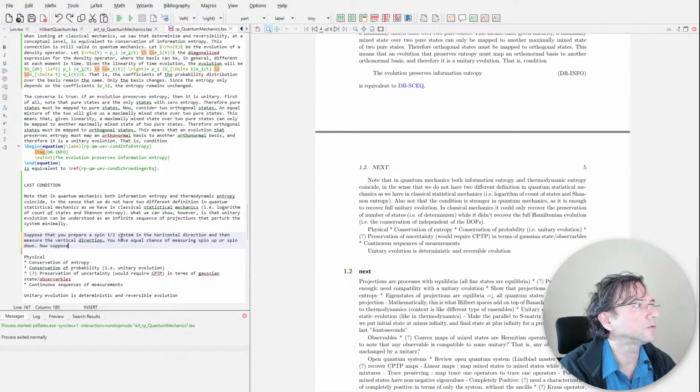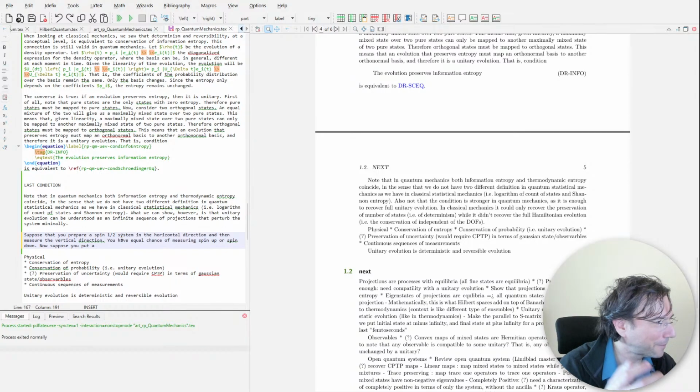Now suppose you put a polarizer, I forget the names, so suppose you measure, put a polar, I have to check, this is a thought example that it's not that uncommon.